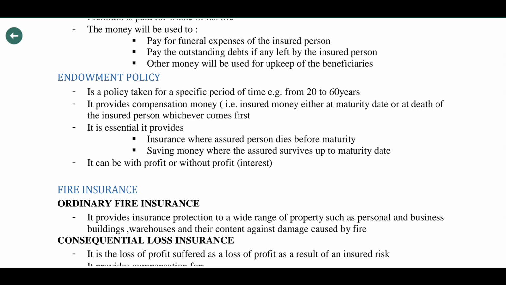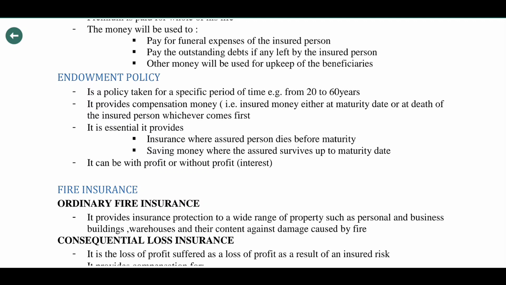It is essential because it provides insurance where an insured person dies before maturity. It is also saving money where the assured survives up to maturity. Okay? If the person does not die within that period, the person will be given the money, will be compensated. Okay?